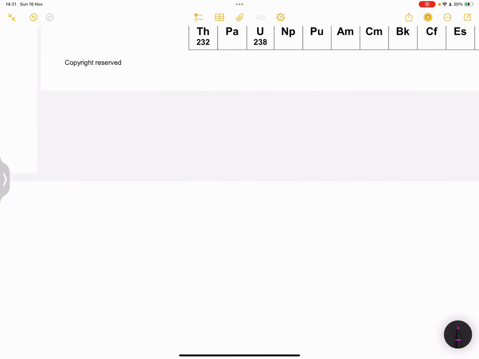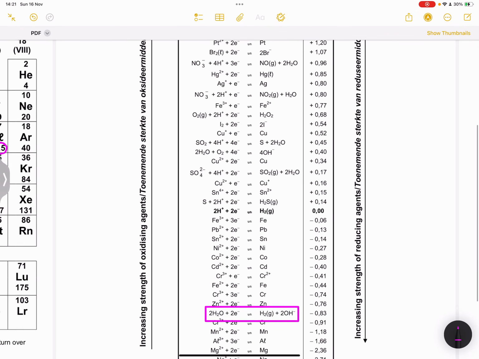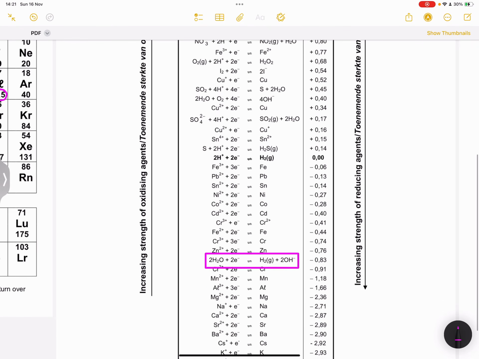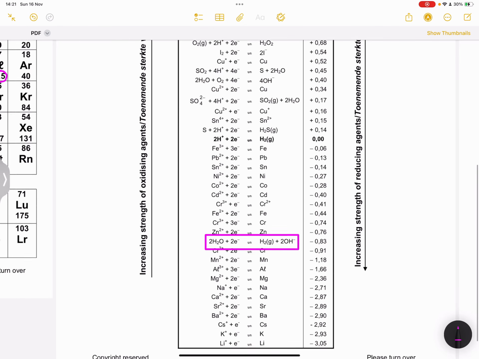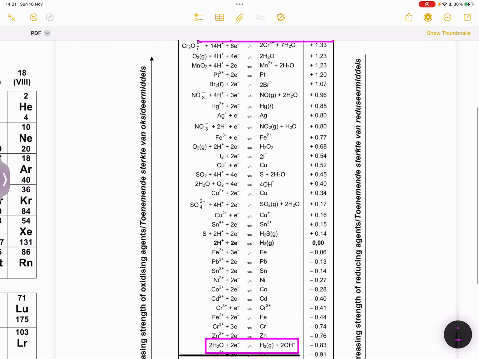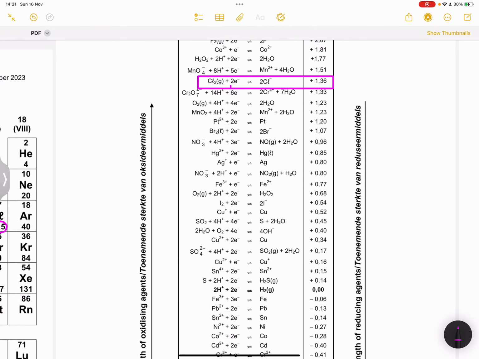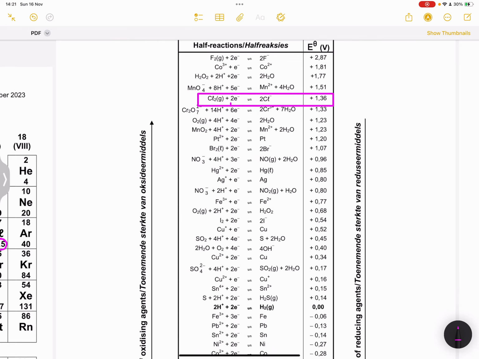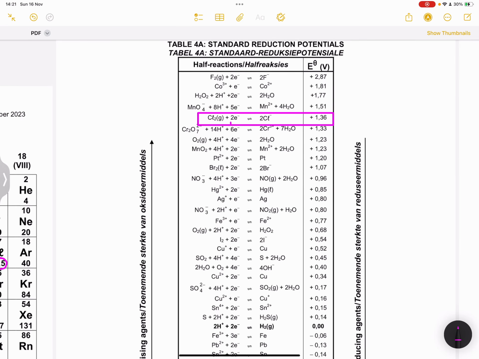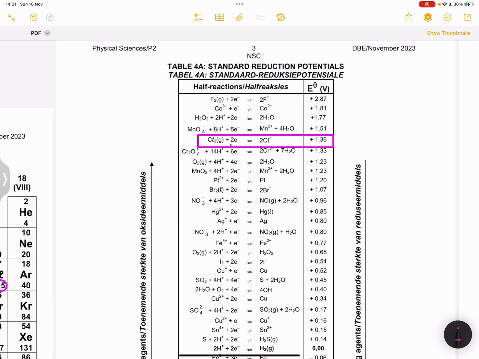So I want you to note there is a reaction that shows us the oxidation of water. I'm gonna go to it quickly. Let's see there. Okay. Where water undergoes oxidation, the loss of electrons.